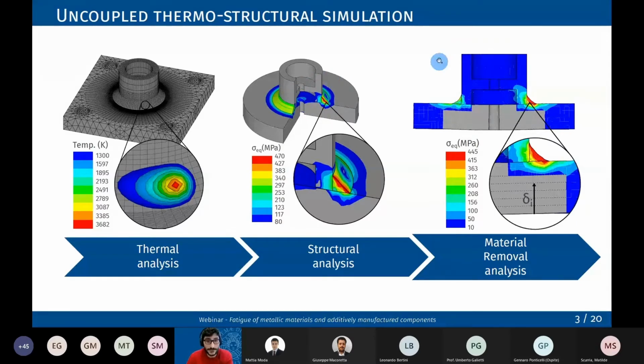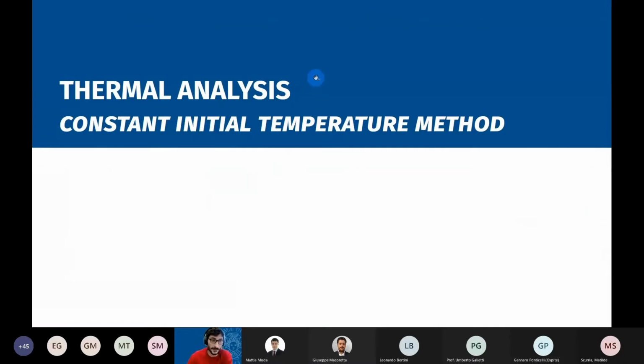The third analysis is always a mechanical analysis, but it is used to validate this numerical model against the results. So we are calculating strains, which I will explain better later, both numerically and experimentally and then comparing them. So let's start from the thermal analysis.